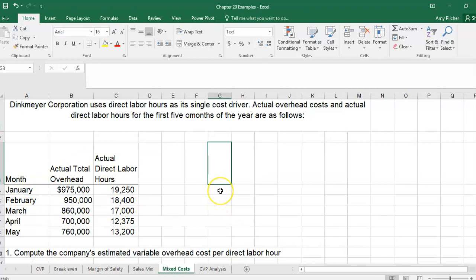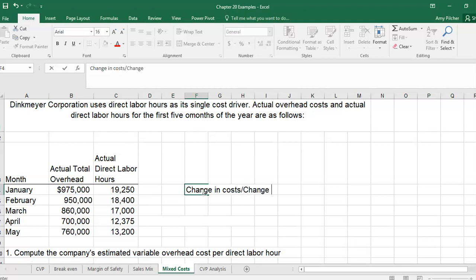So when we're using the high-low method, we look at the change in cost divided by the change in the base, or the change in the volume level. We want to take the highest cost minus the lowest cost and divide by the highest activity minus the lowest activity.